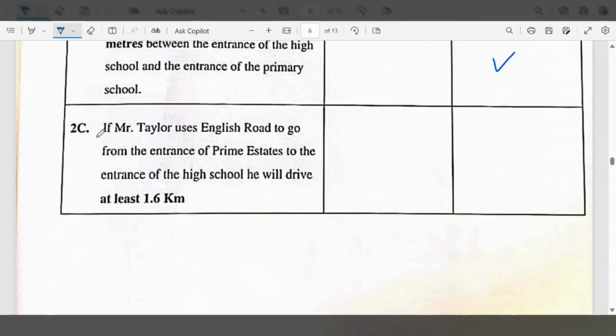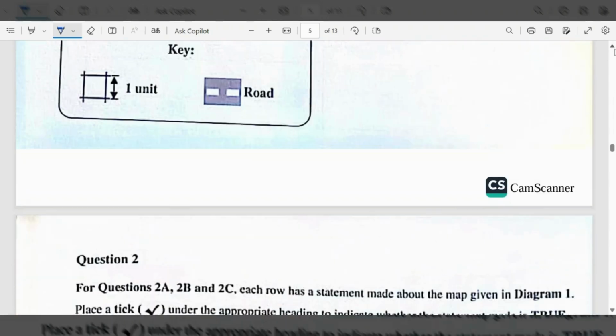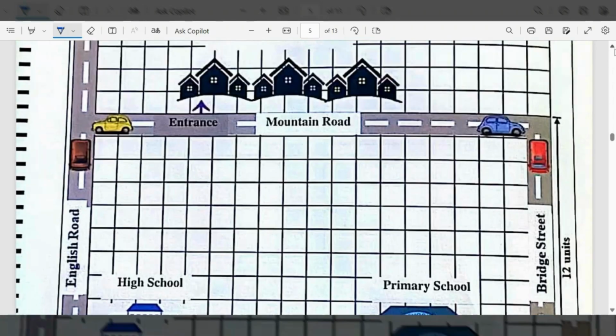Let's move on to 2C. If Mr. Taylor uses English Road to go from the entrance of Prime Estate to the entrance of the school, he will drive at least 1.6 km, and that should be 16 units. So let's count it.